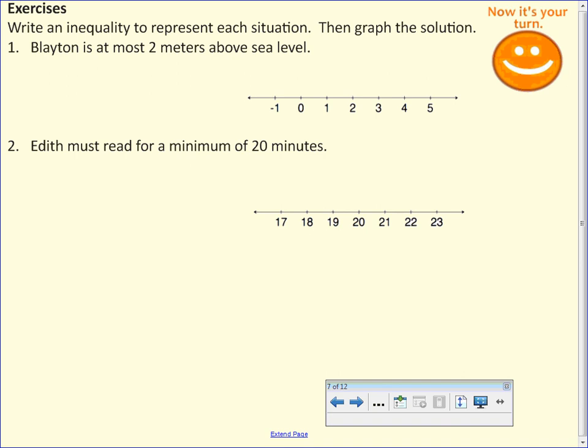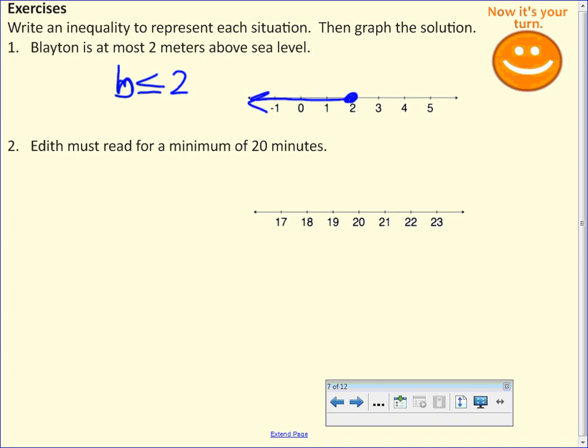So Blatant is at most 2 meters above. So if that's the most, he has to be below it. Or if you want to use B for Blatant, or you could use X, that's up to you. X is usually what you're going to see like the general variable. So he's less than or equal to 2 meters. So it's closed and to the left.